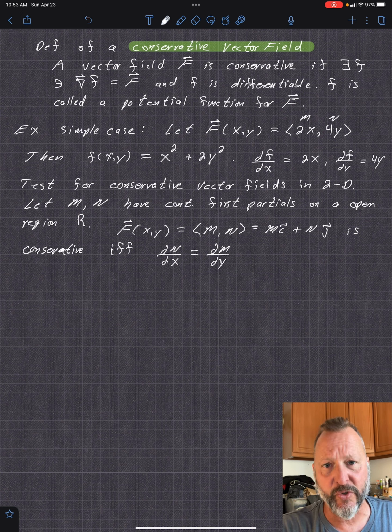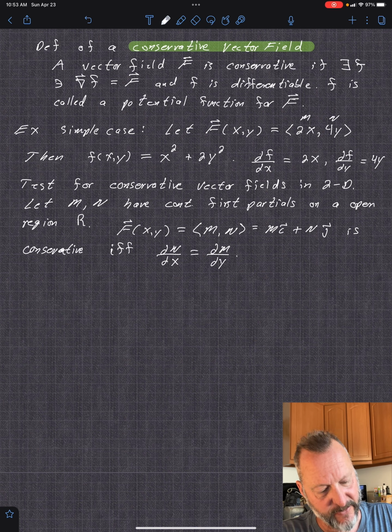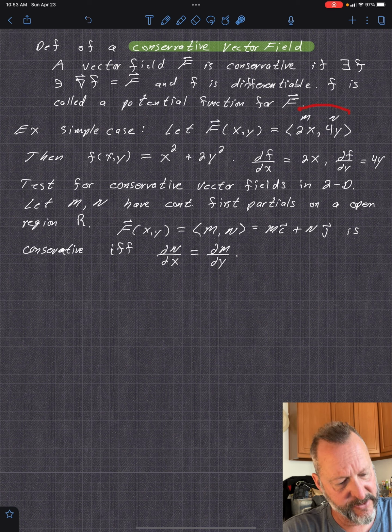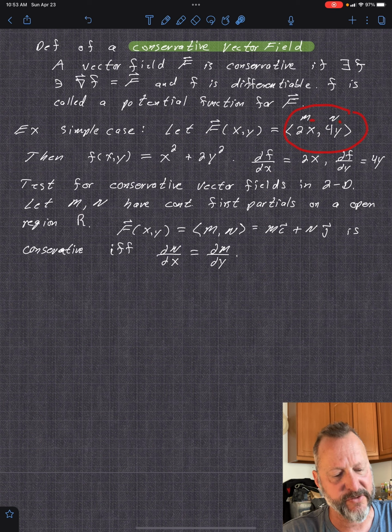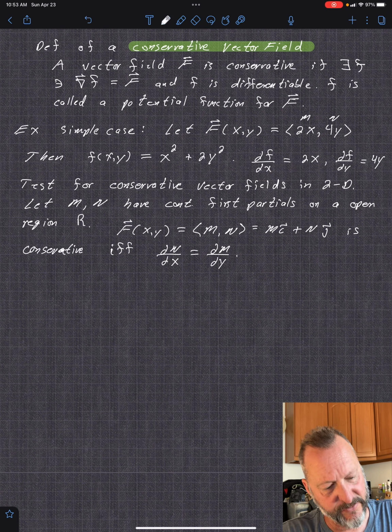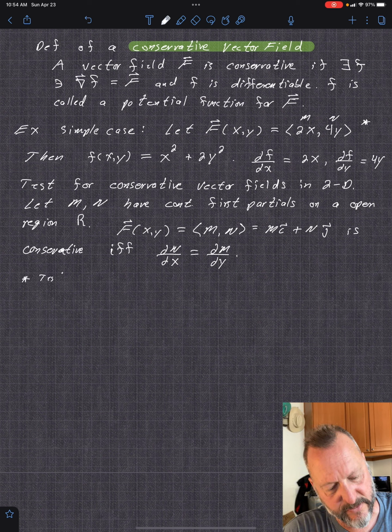Okay, so if that's true, then a potential function exists. And we can check above on this one. So n with respect to x is 0, and m with respect to x is 0. So the top one does work. So you could check this one above if you wanted to. Little test.